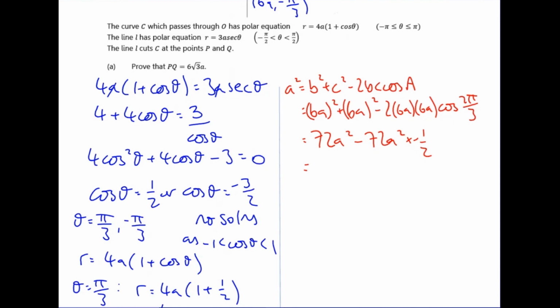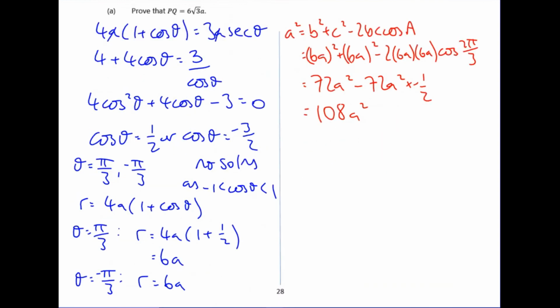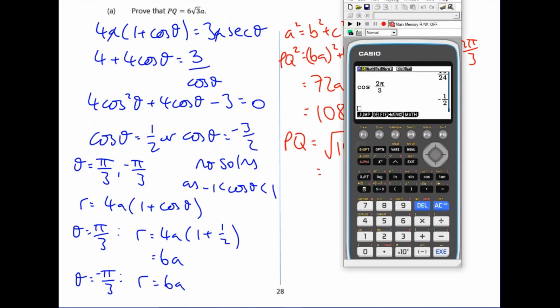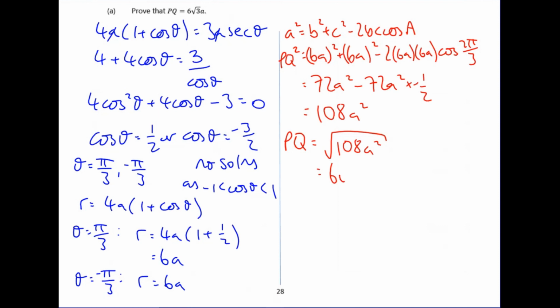So 72 minus 72 times minus half, so plus 36. 108a squared. A was a poor choice for that one. This is PQ squared. So PQ is the square root of that, which I'm really hoping root 108 is what I want. 6 root 3a.